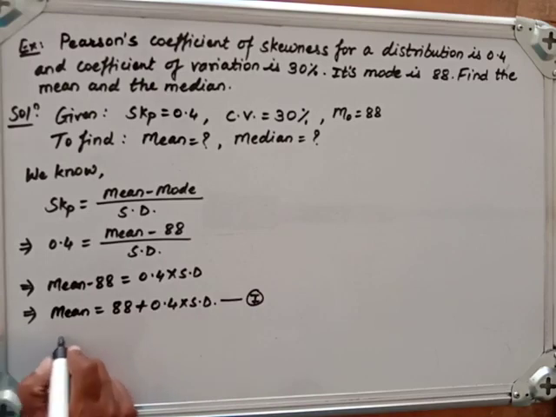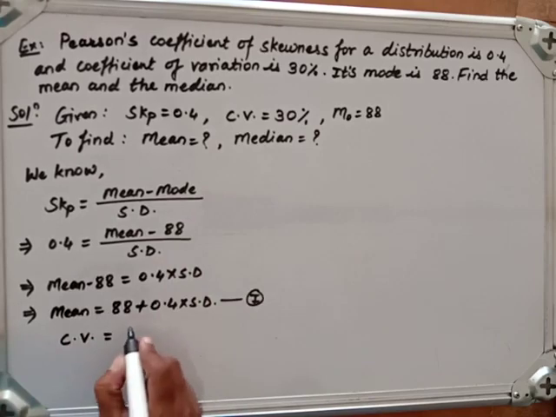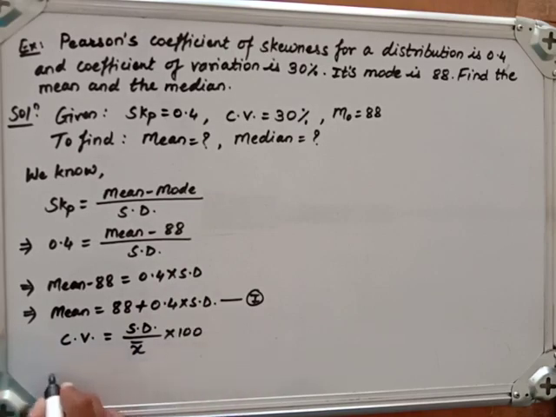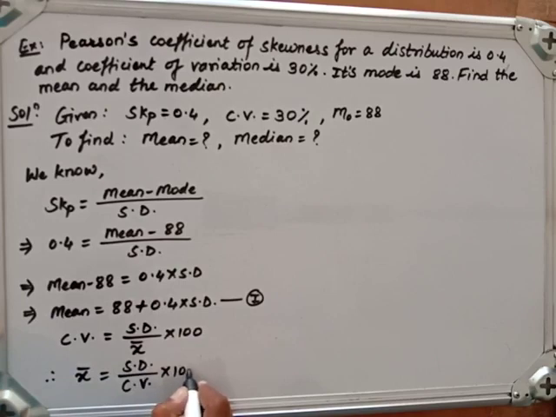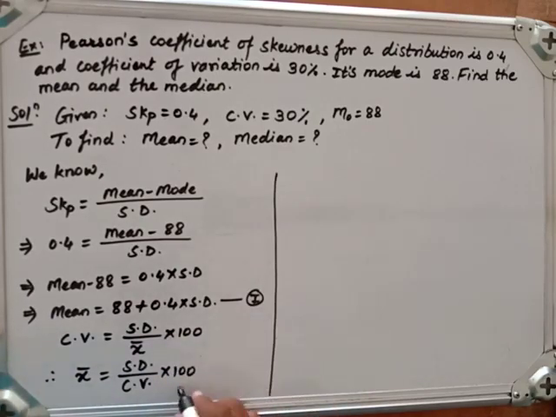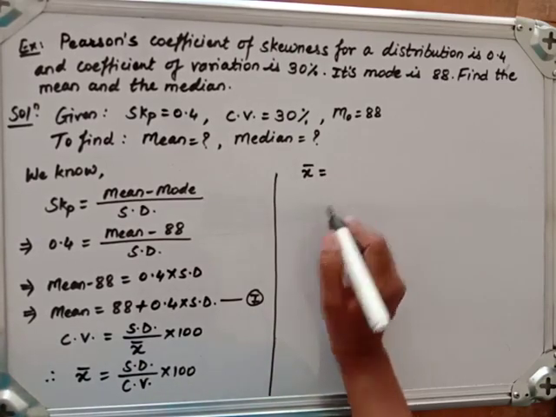Now we have CV with us. CV is equal to standard deviation upon mean into 100. Therefore, from this, mean is equal to standard deviation upon CV into 100.